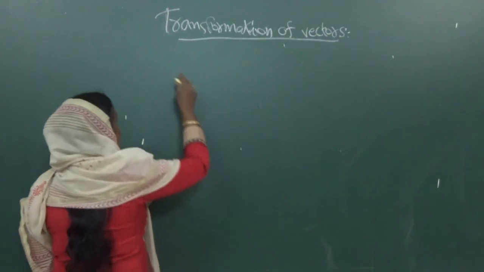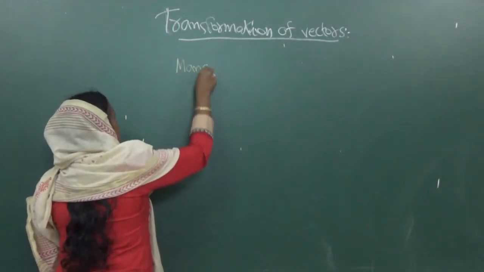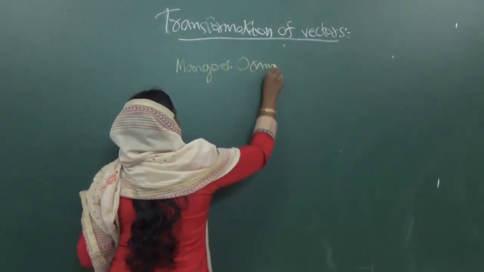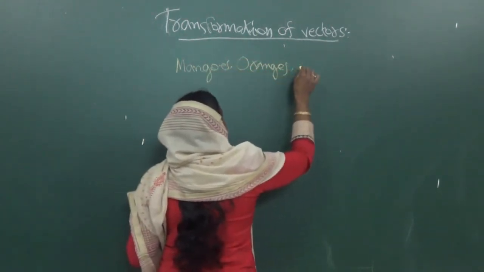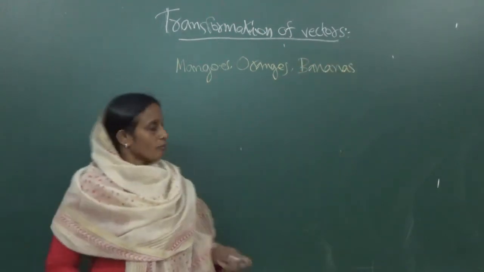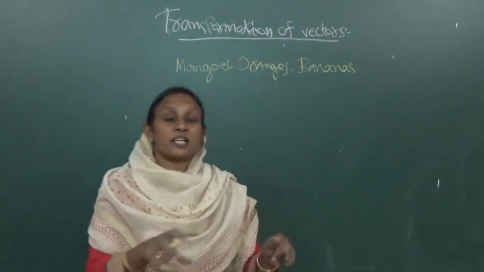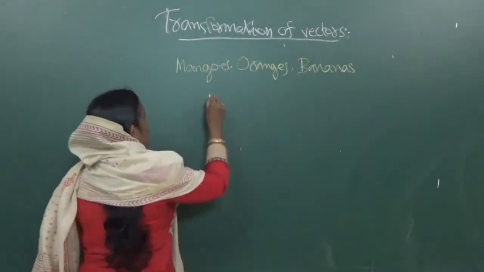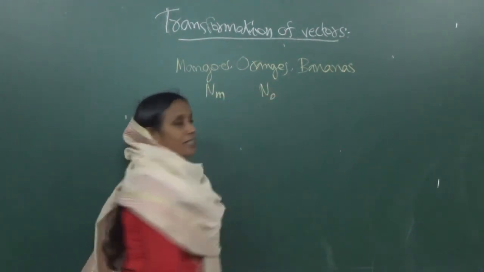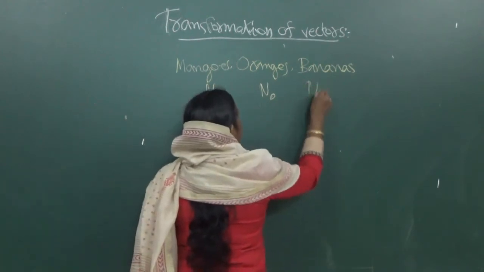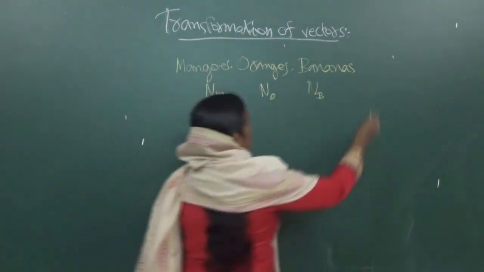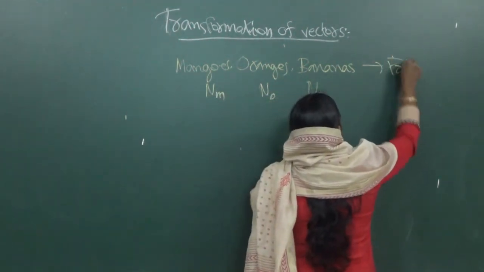So we have fruits, right? All these three fruits are in different baskets. This is NM mangoes, NO oranges and NB bananas. All these are fruits.